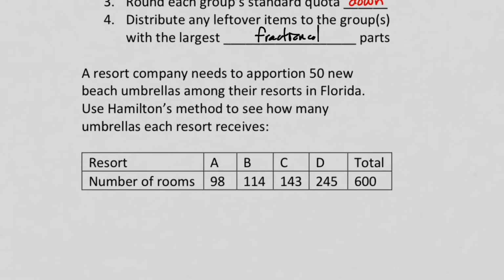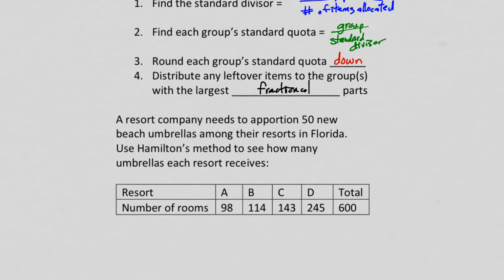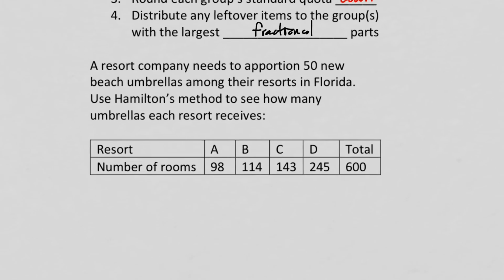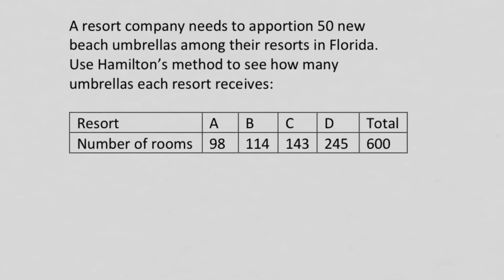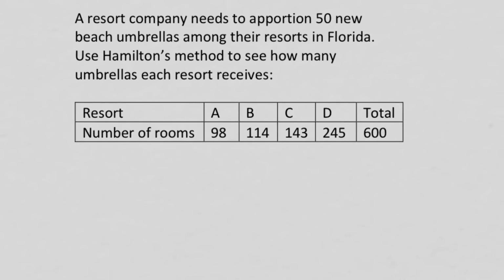So for example, we have a resort company that bought 50 new beach umbrellas, and they want to send those out to their resorts, and they're not going to do it evenly because some resorts have more demand, and as you can see by the size here, they're doing it by number of rooms.